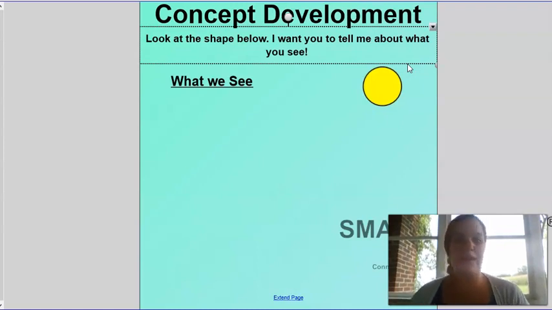Now, I'm looking at this shape. Are the lines straight or are they curvy? They are curvy. Look at, if I put my hands like this, what does my hand look like? My hands make a circle. Very good.